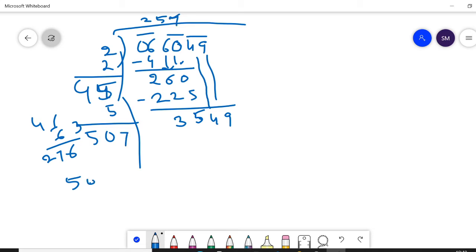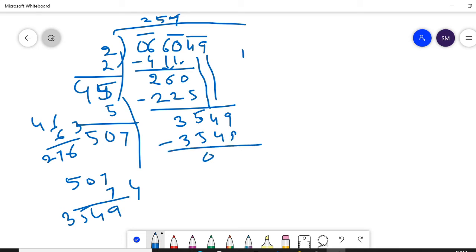You get 507 times 7 is 3549. The remainder is 0. Then what is the square root of 66049? The square root is 257.